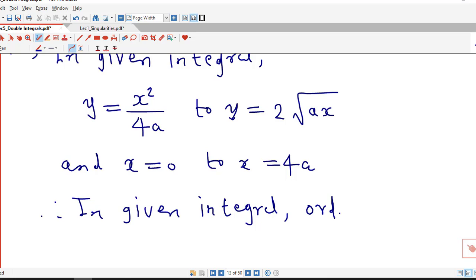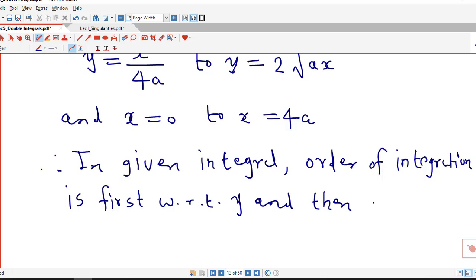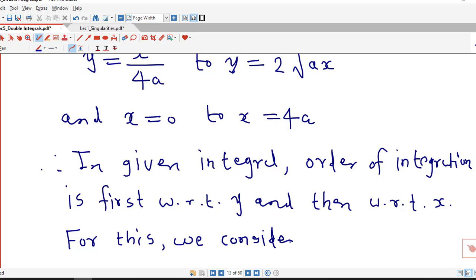So in the given integral, the order of integration is first with respect to y and then with respect to x, and this order is obtained by considering a vertical line.